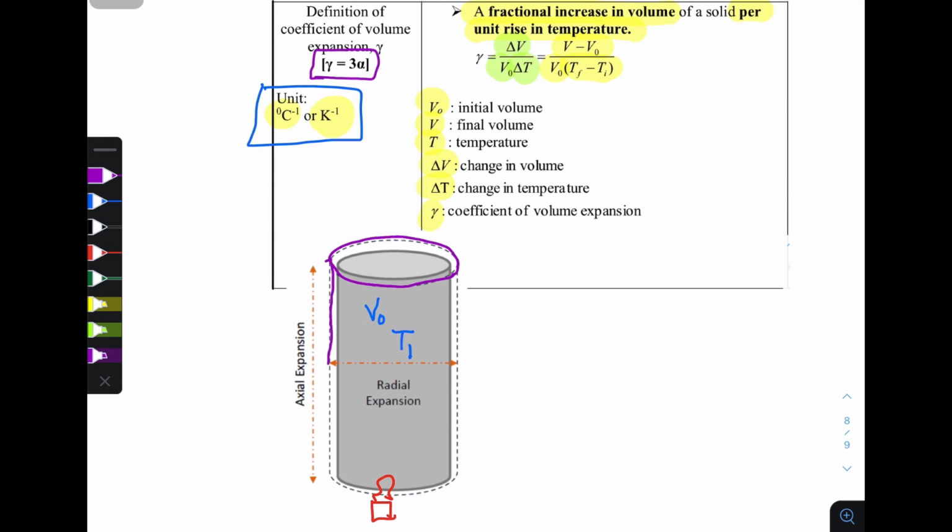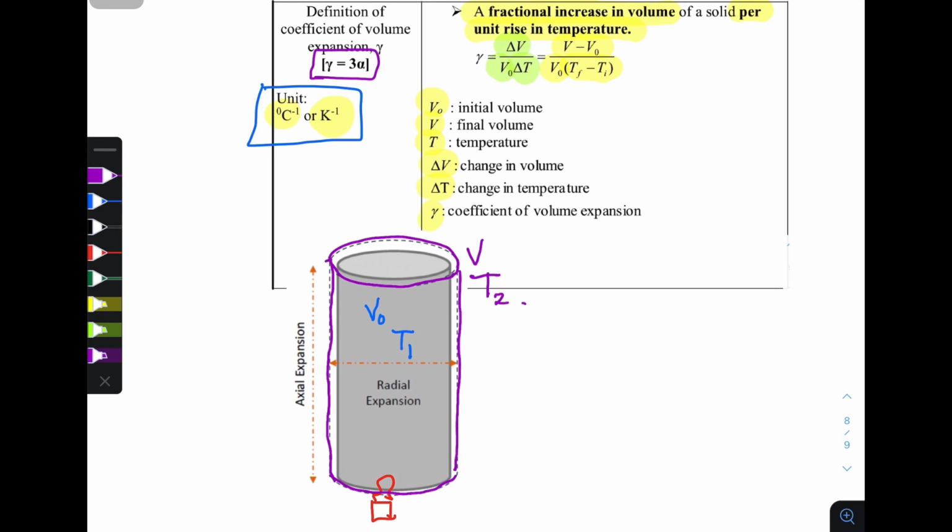So bila kembang, isi padunya akan berubah menjadi V. Pada masa ni temperature-nya akan meningkat menjadi T2. Ni kamu kena ingat, kita panaskan dia. Bila panaskan akan berlaku pengembangan. Maksudnya suhu awal mesti lebih kecil berbanding suhu akhir.